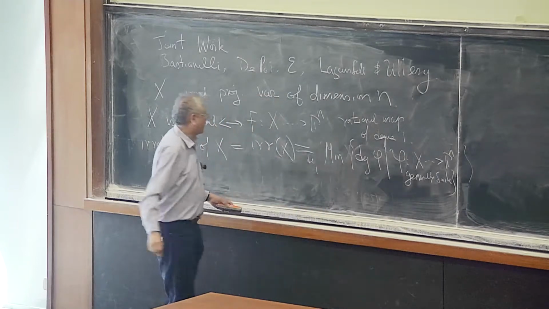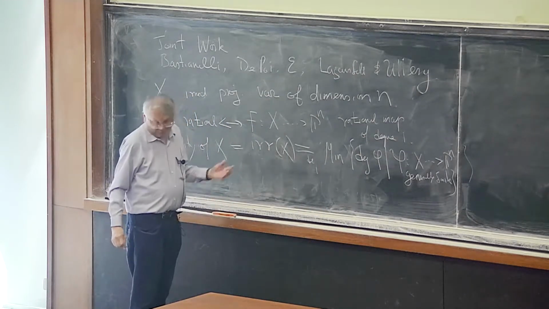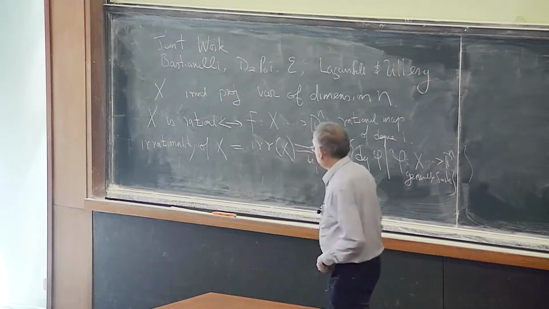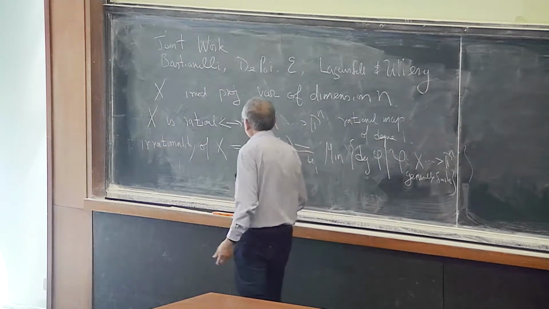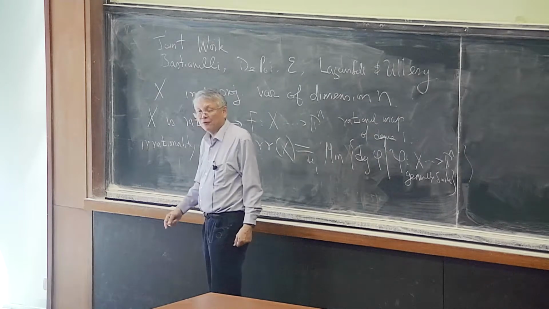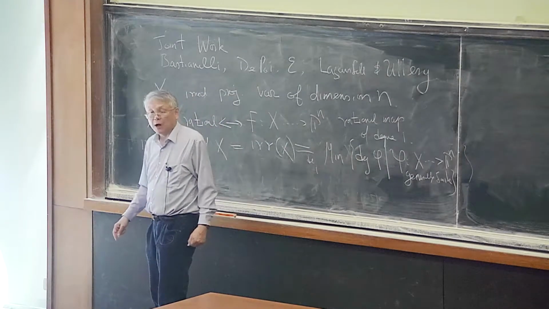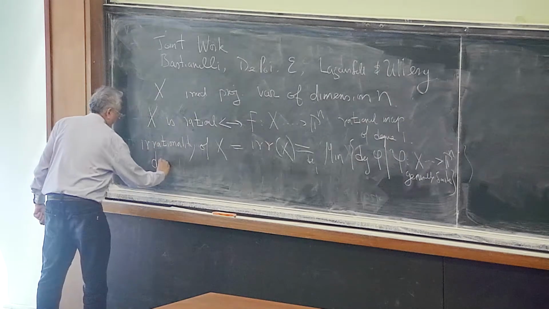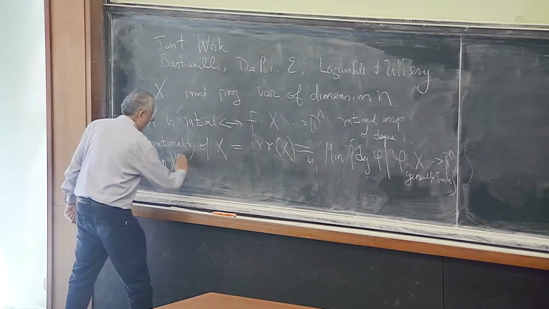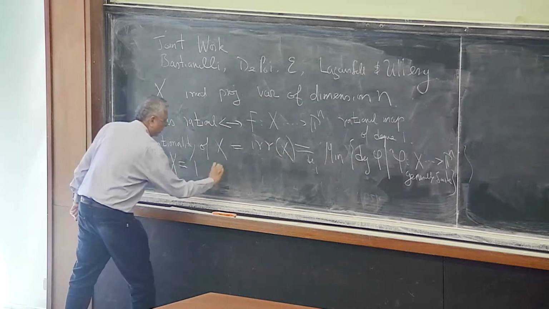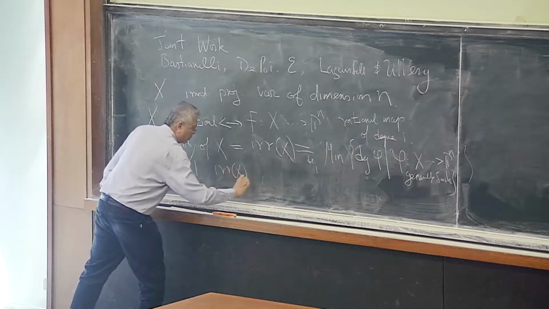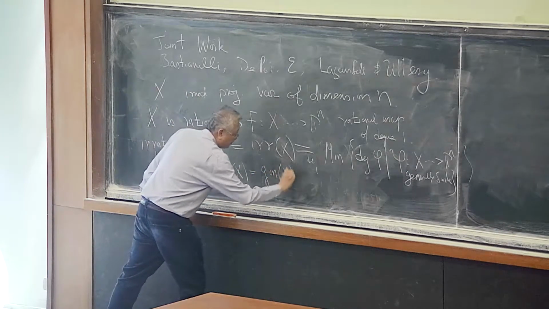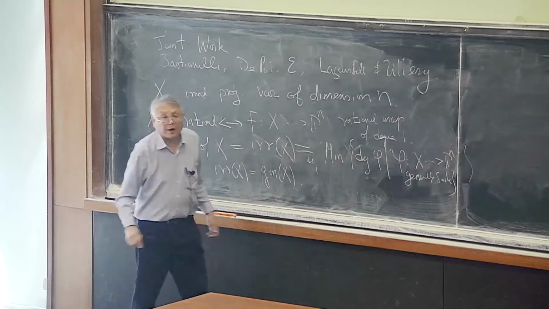So this is clearly a birational invariant by definition, almost. And in the special case when X is a smooth projective curve, this is just the classical gonality of X. So it's just asking what is the lowest degree X can be expressed as a ramified cover of P^1.